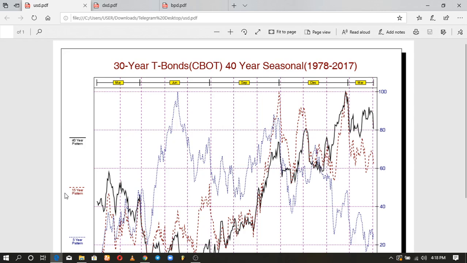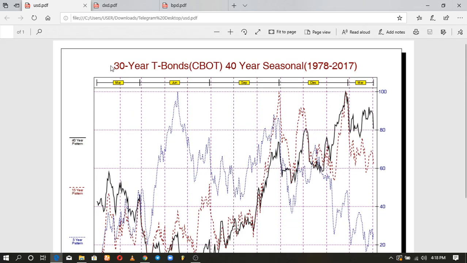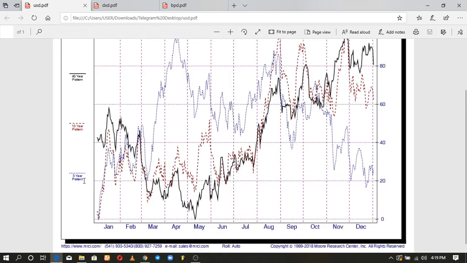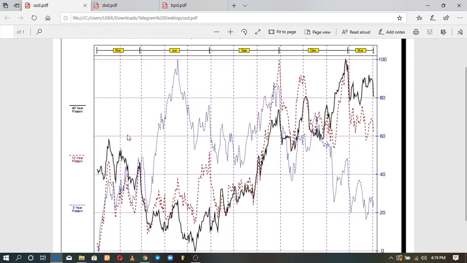Okay, so we can see around January to March. Now I want you to look up and see it's a 30-year Treasury bond, 40-year seasonal tendency, right? So the lines you're seeing here have been averaged out over a 40-year period. What you're seeing on this black line is the historical price action of the 30-year Treasury bonds over a 40-year period.